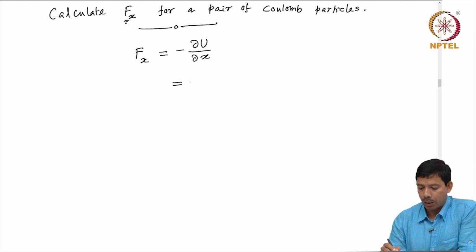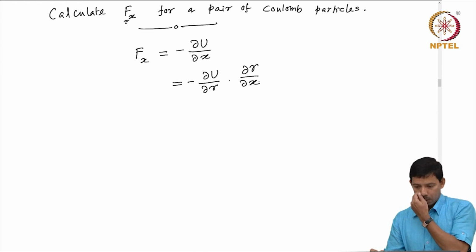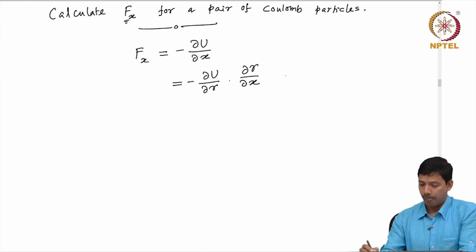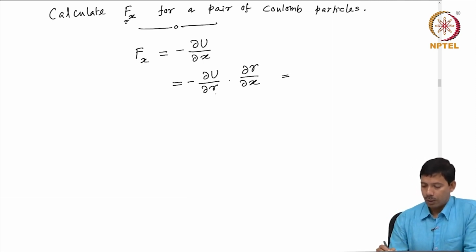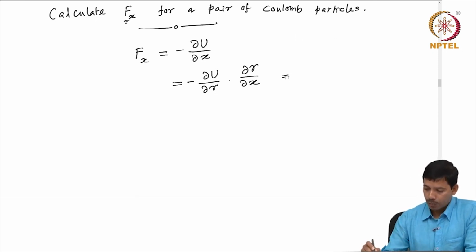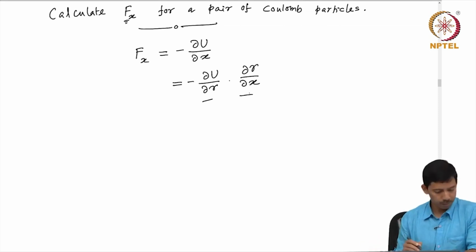So minus del u del x I can write as minus del u del r times del r del x. I'm sure you have seen this multiplicity relation in thermodynamics. So now let's find out what del u del r is and what del r del x is.